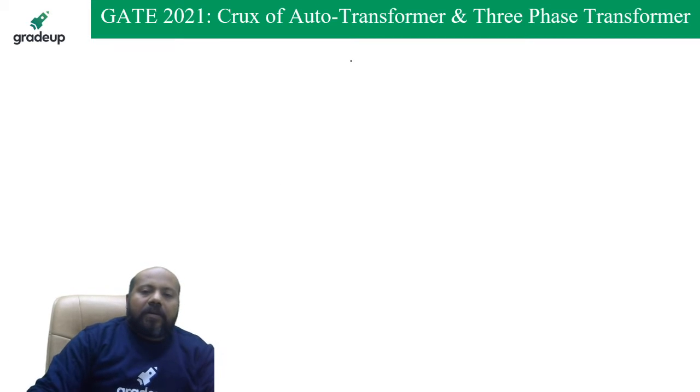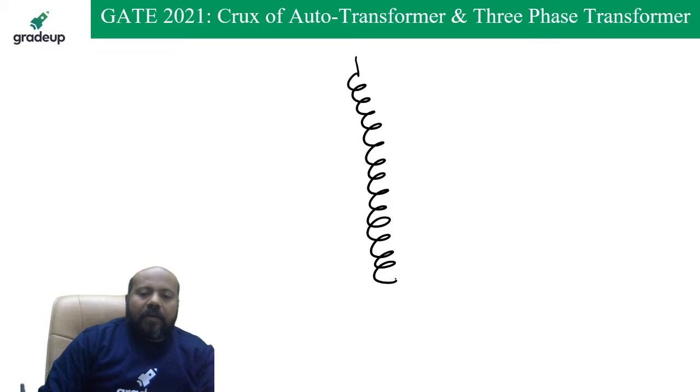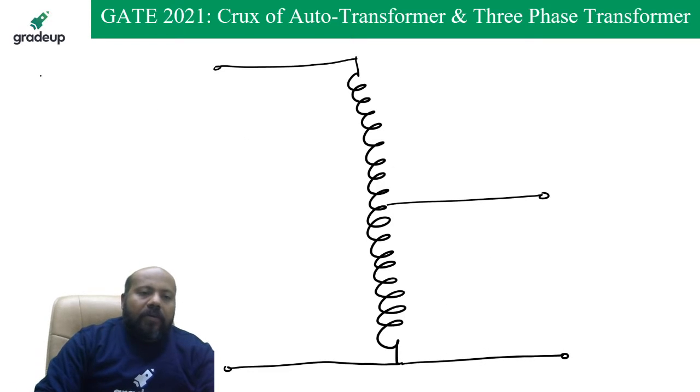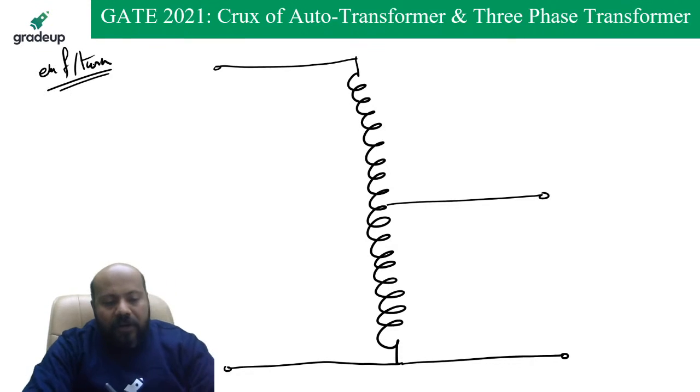For example, suppose this is your common winding. Please focus. Suppose this is the supply terminal or primary side, and this is the load terminal or the secondary side. You know that EMF per turn for a given transformer is going to be constant.